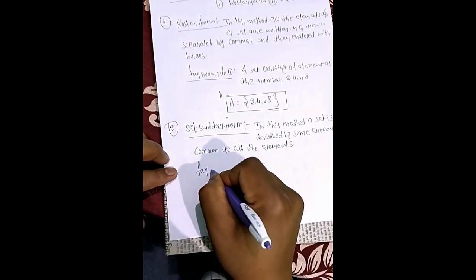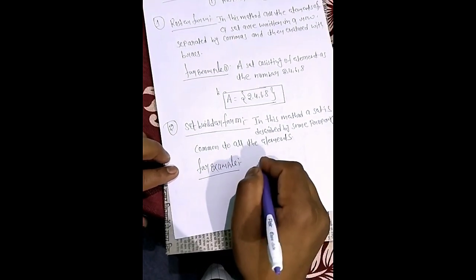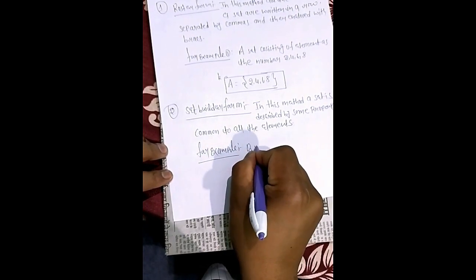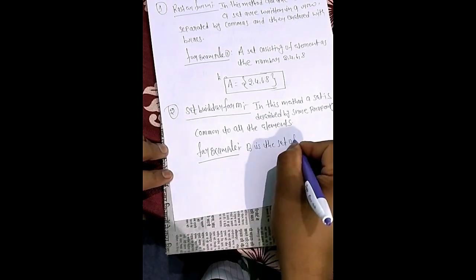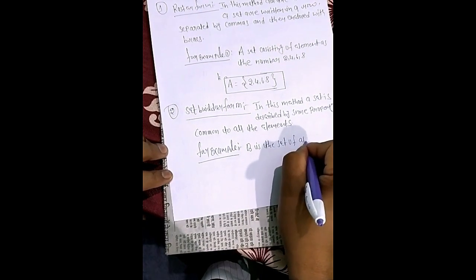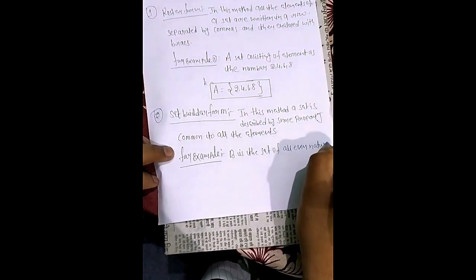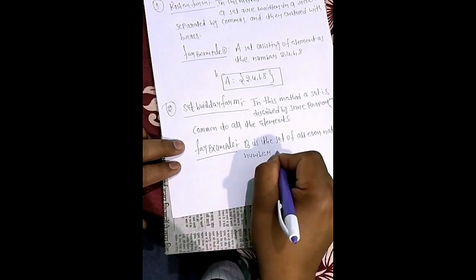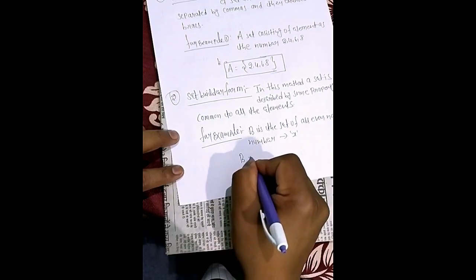For example, B is the set of all even natural numbers, denoted by x.